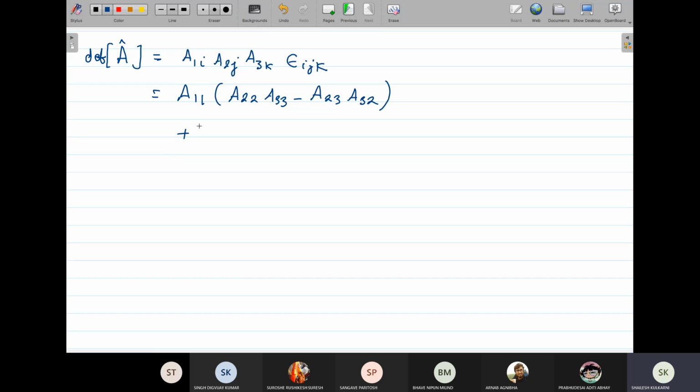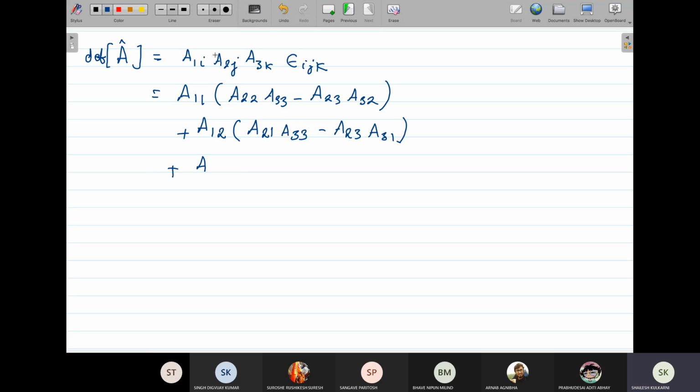There is a sum over i also. Then I have to consider A12, so i equal to 2. So i equal to 2 means epsilon 2jk. If I sum over j and k, what am I going to get? With i being 2, j and k are 1 and 3: A21 A33 minus A23 A31.